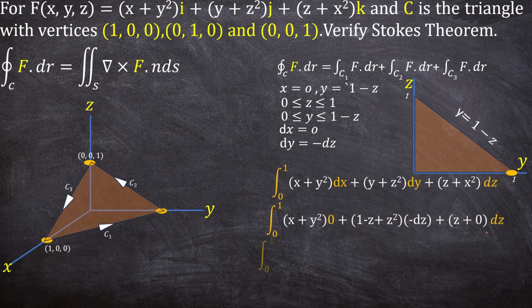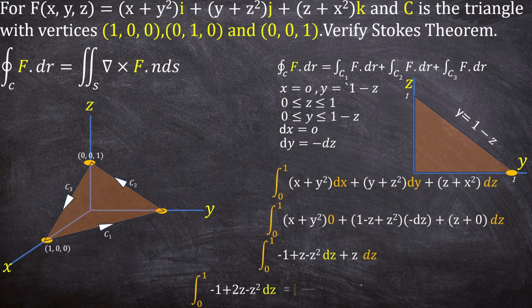So now let's simplify. If we multiply everything by negative, we're going to have -1 and negative z times -1 is going to be positive. And the positive z squared is going to be negative z squared plus z. So now let's add like terms. We're going to have -1 plus 2z minus z squared.